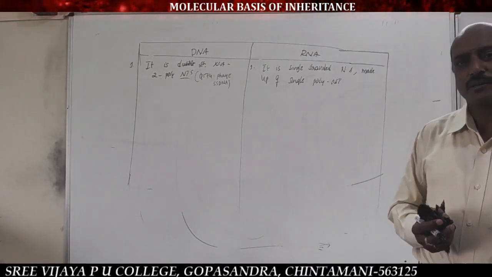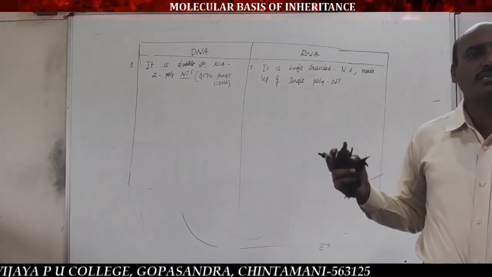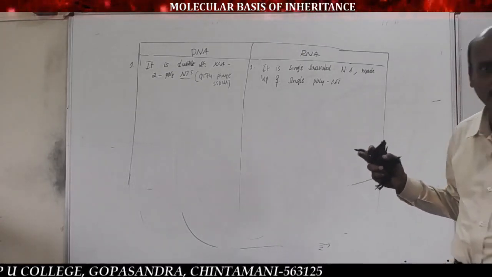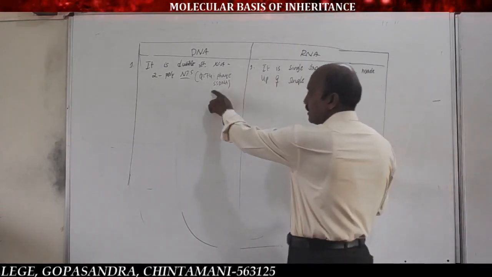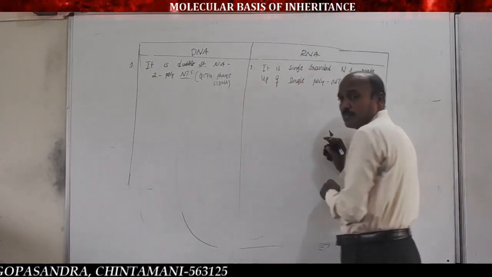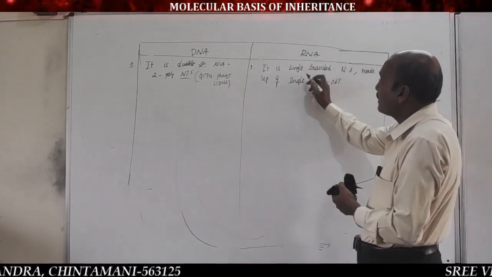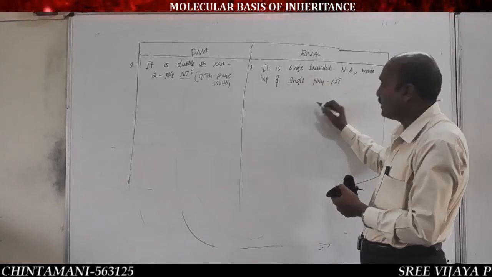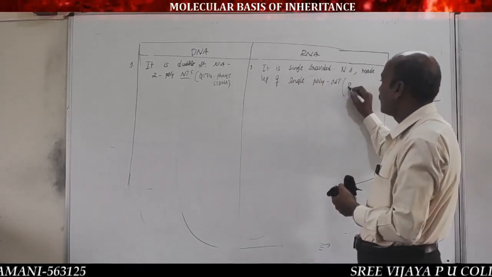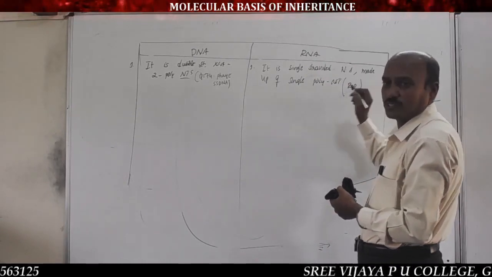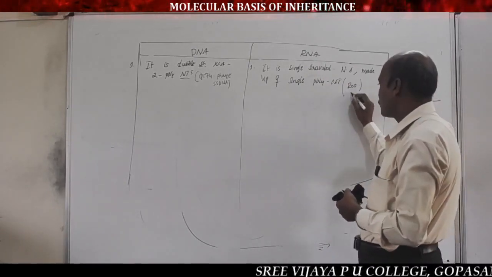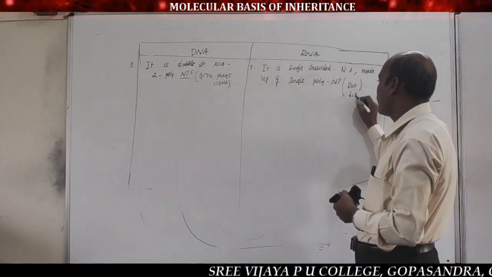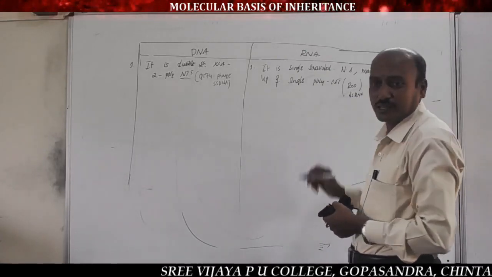In all organisms, DNA is a double-stranded nucleic acid, except in phage. Likewise, RNA is also single-stranded, except in reovirus. In the reovirus, RNA is double-stranded RNA.